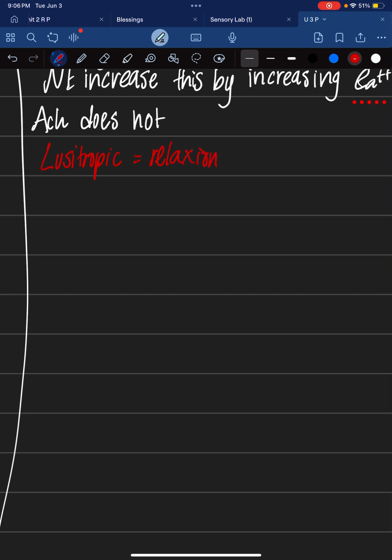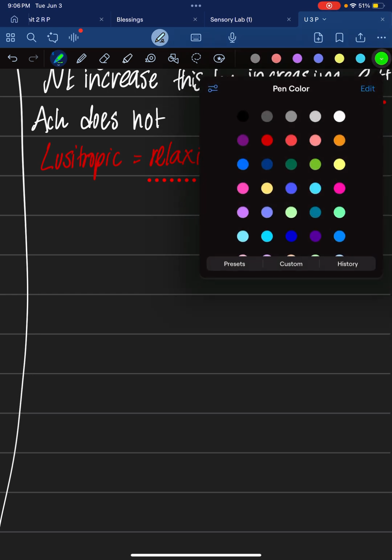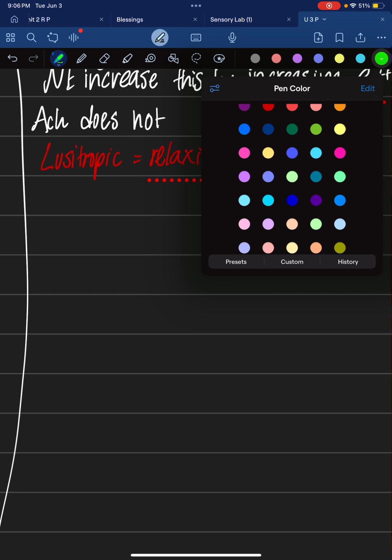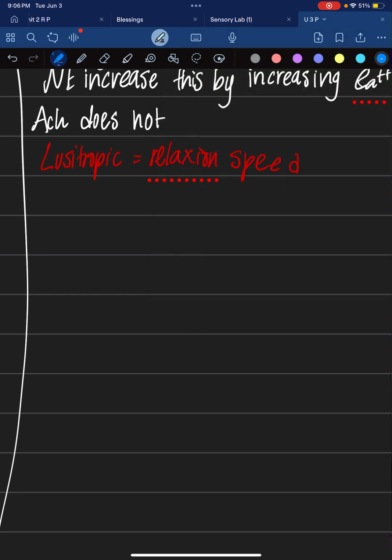relaxation speed. So NE helps the heart relax faster by speeding up calcium reuptake, and acetylcholine slows it down. And then chronotropic equals heart rate.